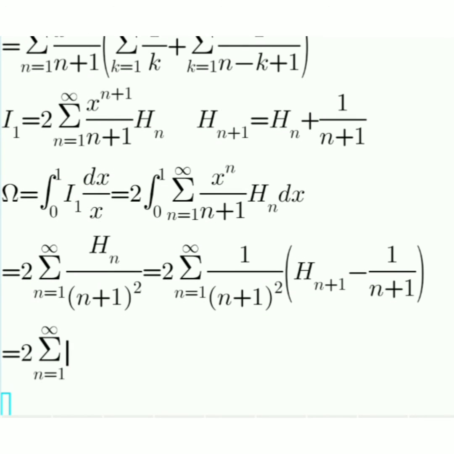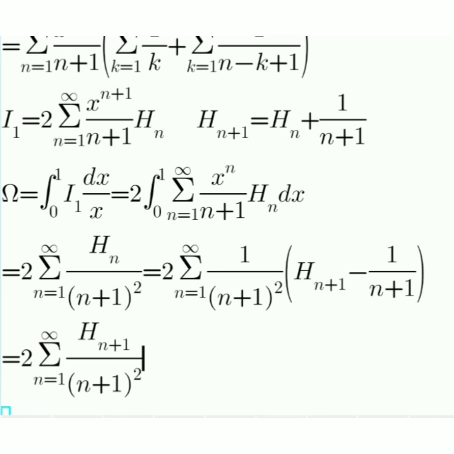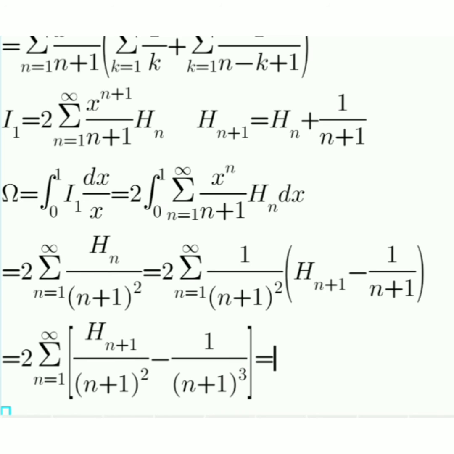It will be Hn plus 1 into n plus 1 whole square minus 1 by n plus 1 whole cube. This is the total formula. And friends, whatever you get, I use generalizations. This is the generalization.